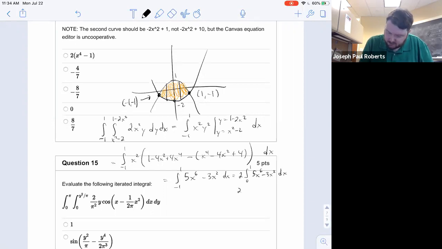But anyway, it looks like you get 2 times 5/7 minus 1. But this was supposed to be minus 8/7. I think I'm just going too fast here.